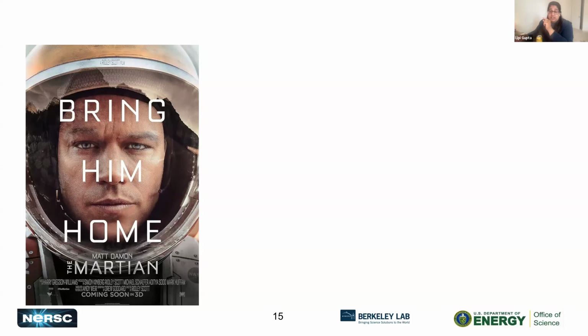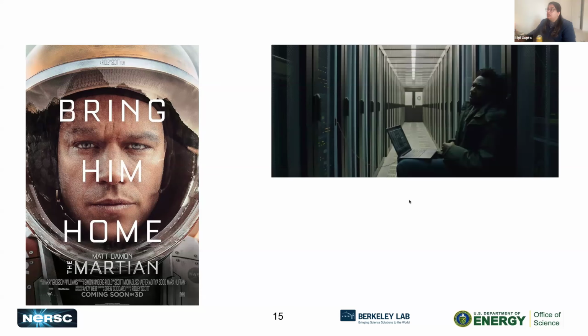In particular, there's one scene where a scientist or a mathematician is trying to do some calculations to help get Matt Damon home, right? We've got to bring Matt Damon home from Mars. And he's doing the math and he goes into a server room and connects his laptop to a server rack with some random cable.